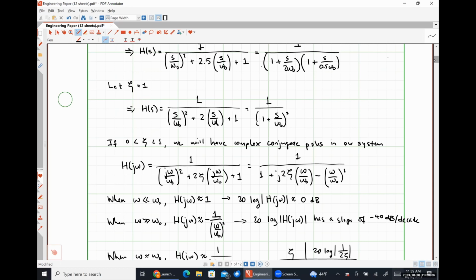I think if I multiply this by its complex conjugate, I would have 1 minus this in my denominator. Okay, good.